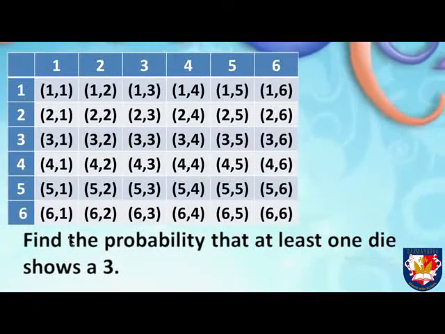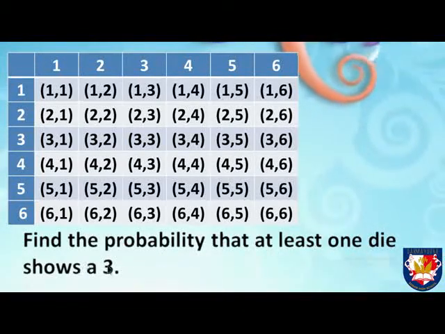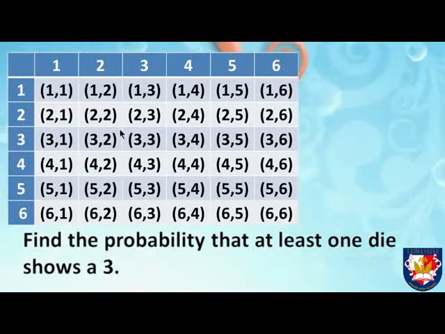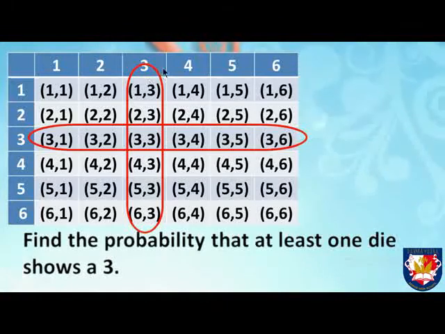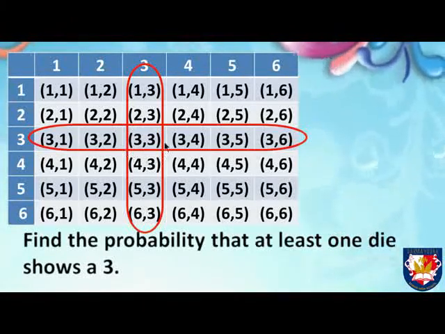Next, find the probability that at least one die shows a 3. At least one die shows a 3. This and these outcomes, so all these outcomes have at least one 3. But how about these outcomes? There are 2 3s in these outcomes.